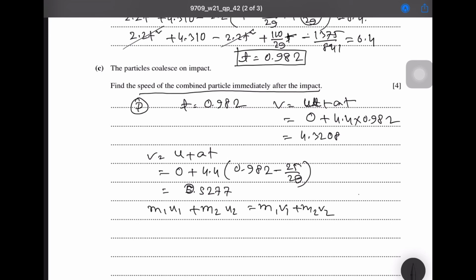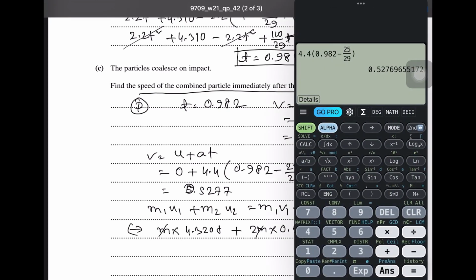Now we can write, since they are going in the same direction, m into 4.3208 plus 2m into 0.5277 equals, after the collision, m plus 2m, that is both masses together, with velocity v. The m's are all cancelled.